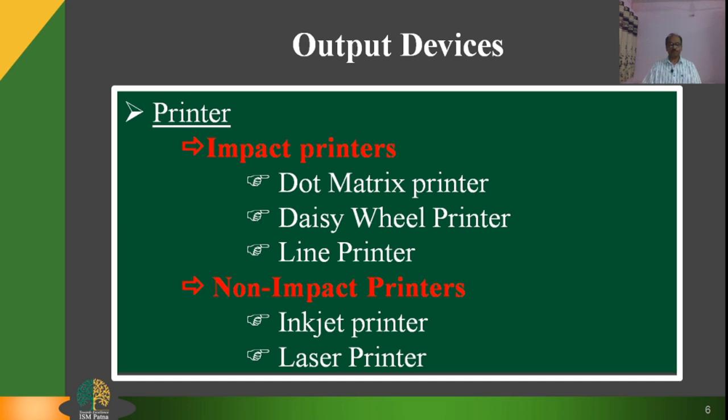The other one in this category is the laser printer. In a laser printer, a separate processor is built into the printer to interpret the data it receives from the computer and to control the laser beam. The laser in the printer can aim at any point on a drum, creating an electrical charge.